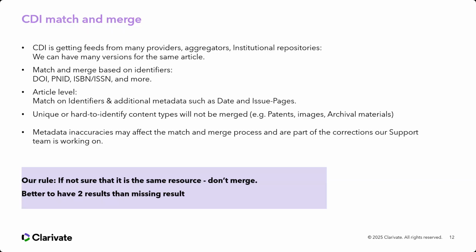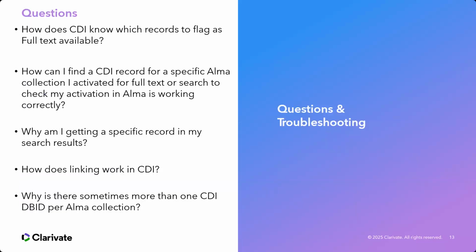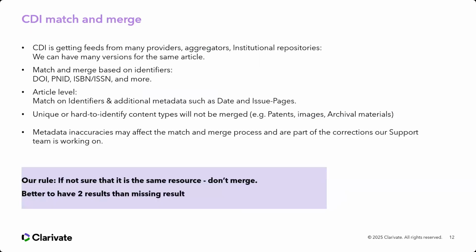But we have various measures to make sure that we match and merge what is the same, but keep separate records for things that may not be the same. I agree, and the logic is really evolving and developed all the time. Every time we find another thing to add to the match and merge logic to make it more accurate.